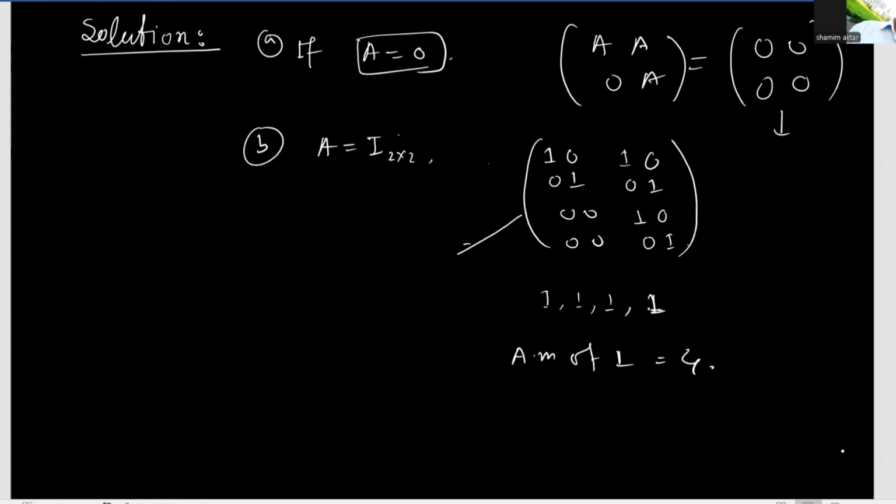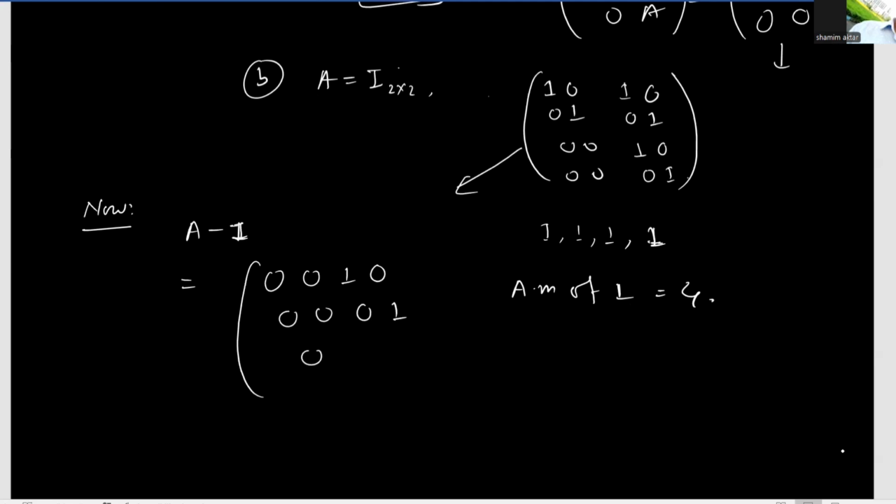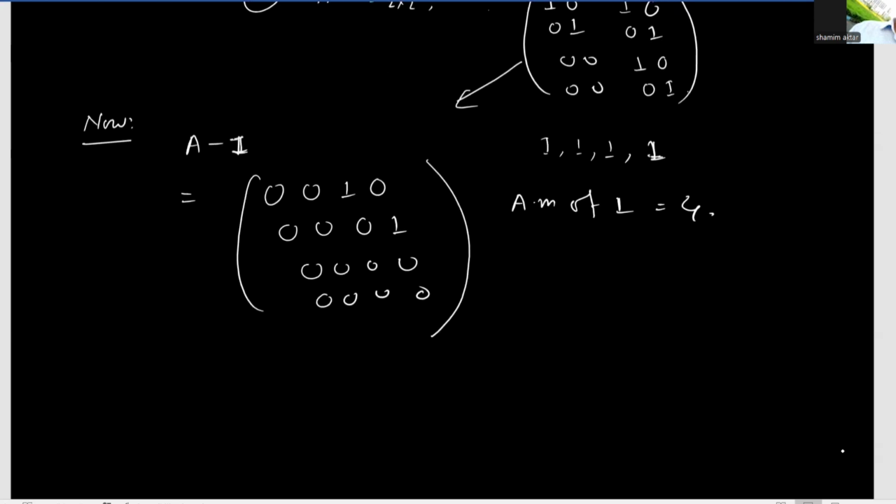Now check the geometric multiplicity. So A minus I is equal to a matrix with two non-zero rows. So the rank of A minus I is equal to 2, because there are 2 non-zero rows.